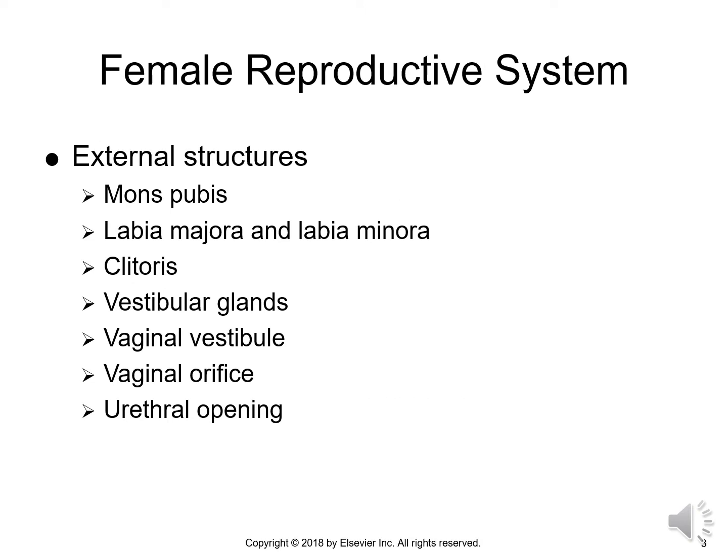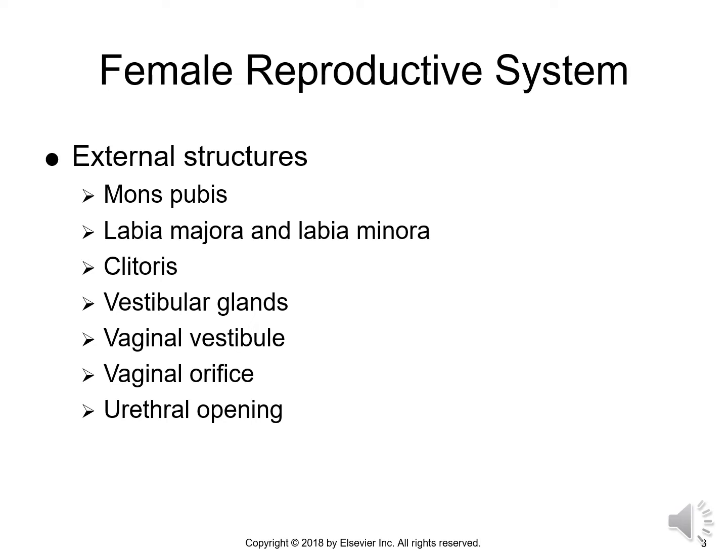The external structures of the female reproductive system include the mons pubis, labia majora, and labia minora, the clitoris, vestibular glands, vaginal vestibule, the vaginal orifice, and the urethral opening.